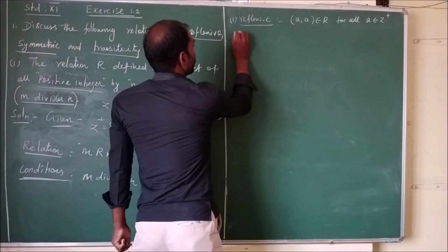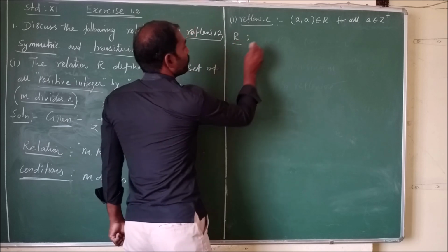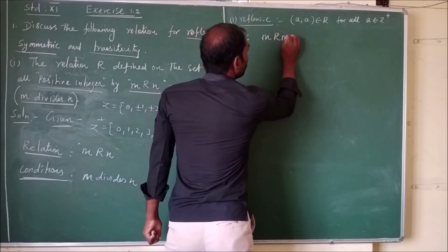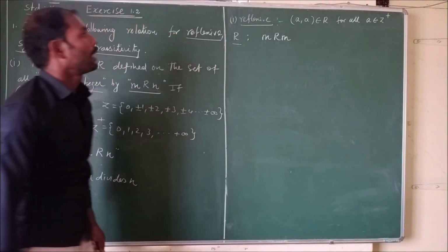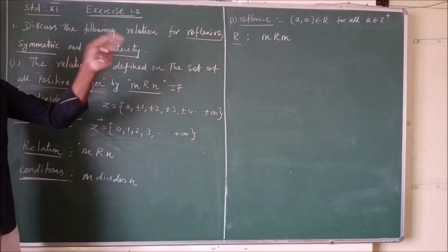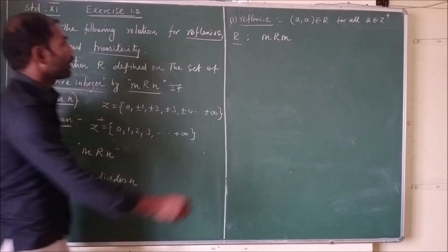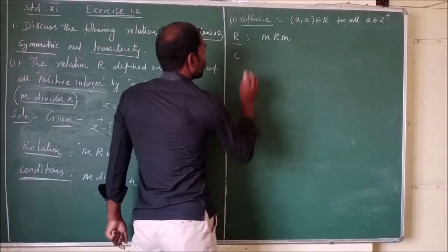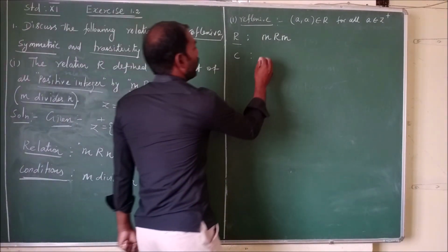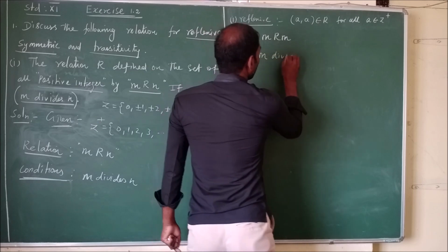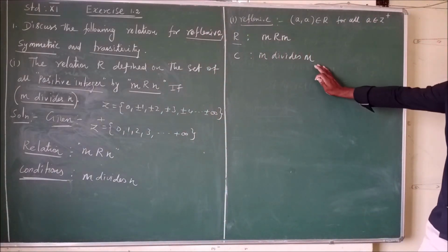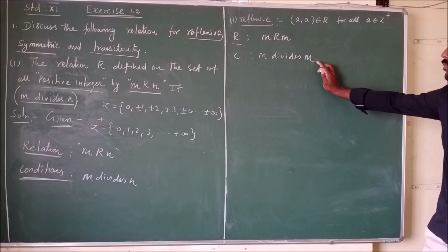The relation is m related to m, or n related to n. Take any number. What is the condition? m divides n. Is it satisfied or not?